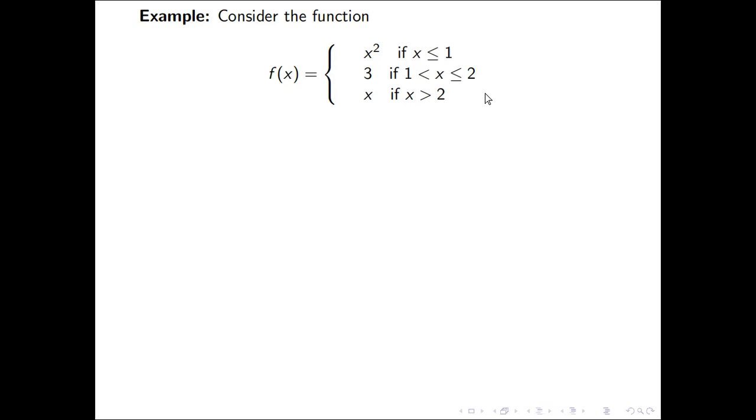Okay, f of 1 is 1, since it's still here, less than or equal to, so 1 squared. What's f of 3 halves? Okay, 3. Since 3 halves is 1.5, it's between 1 and 2. So 3. So you do not substitute into all the formulas.